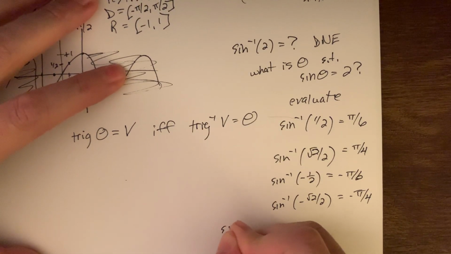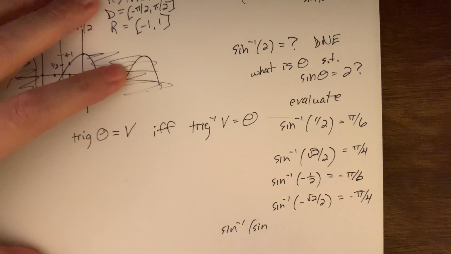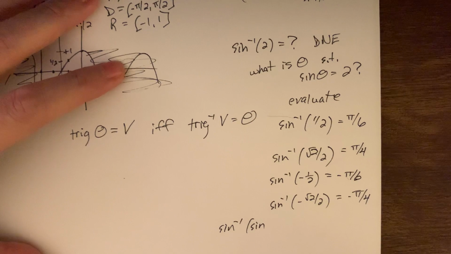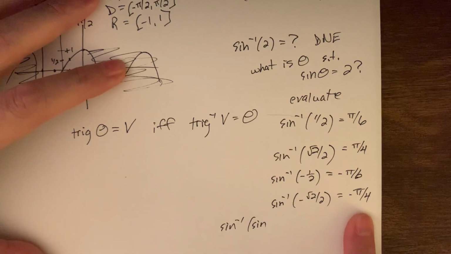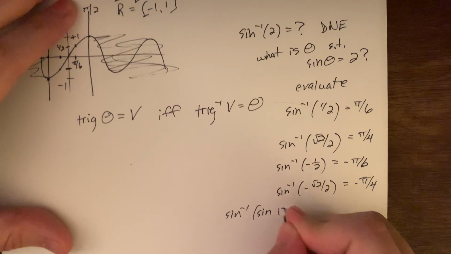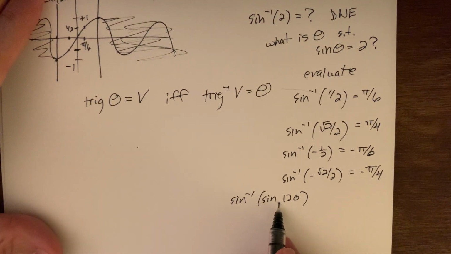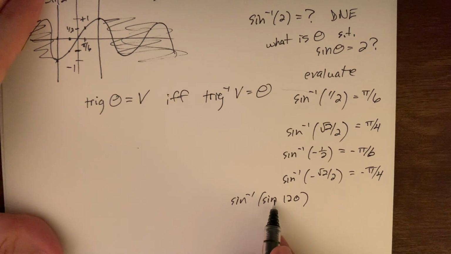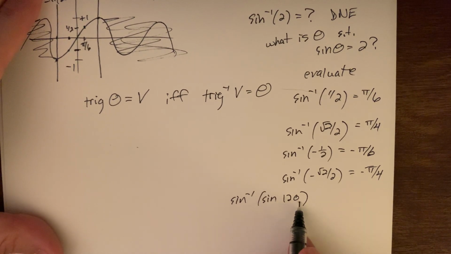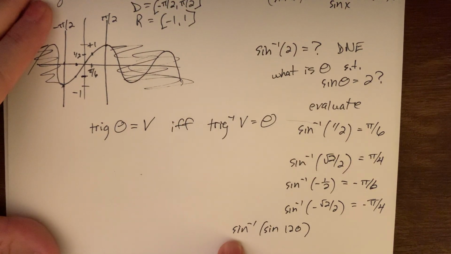So inverse sine of sine, let me just do this in degrees. I know, again, calculus, we need radians, but just to make this a little bit easier for a lot of us, if I said inverse sine of sine of 120, these don't cancel. And that's because 120 degrees is not in the domain for inverse sine.